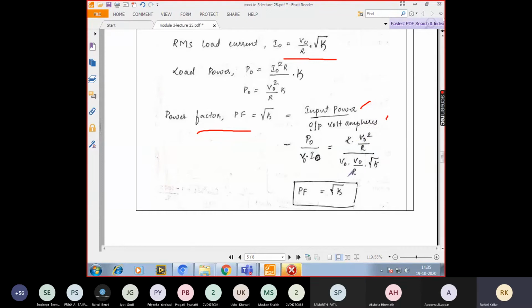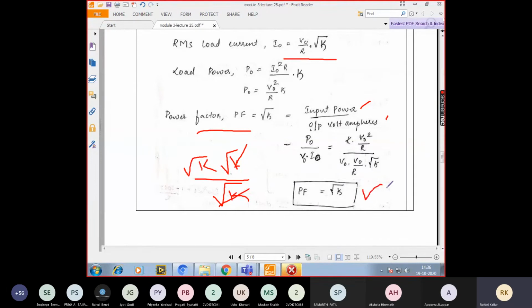R is getting cancelled here. And I am having two terms, one is K and then root of K. This K, if you split up, will be root of K into root of K. Then in the denominator also I have a root of K. So just cancel out one root of K. You will be left out with power factor equal to root of K.